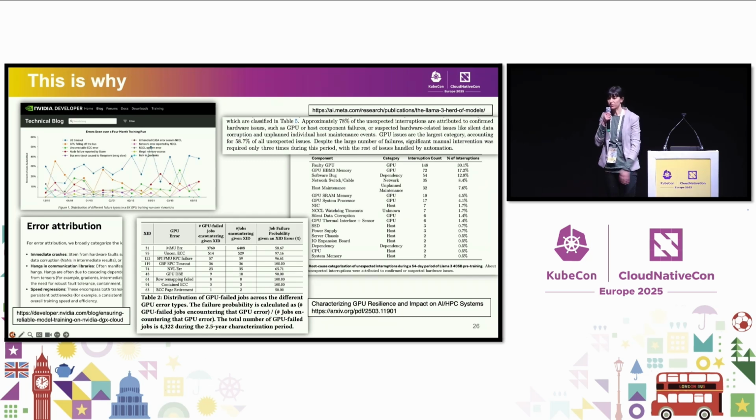On the top left side, I think that's probably the most famous one, when AI at Meta released the white paper about the training of the Llama 3 herd of models. They showed very nice tables showing how many errors happened during the entire training period.